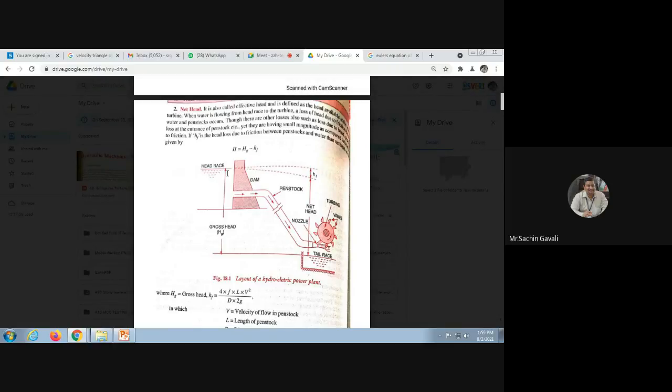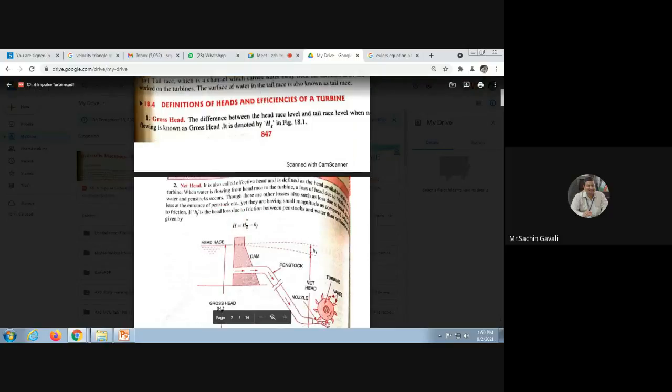Whatever that distance is, it is called the gross head. If this head is very high, then only can we use the Pelton turbine. We have to use it for high heads. Okay, then net head.